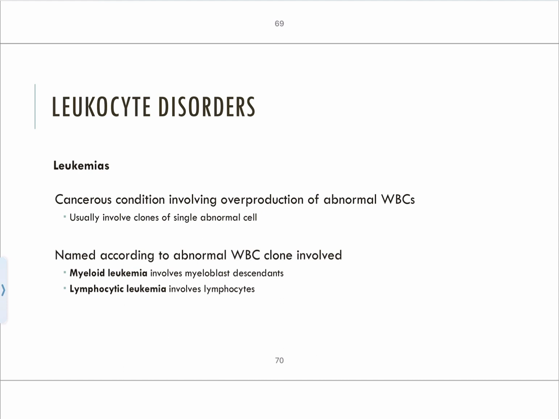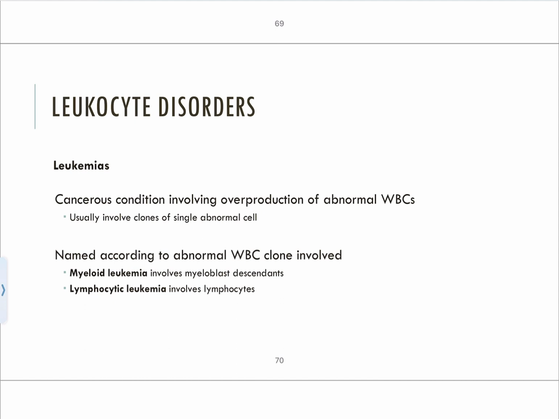So basically you have one abnormal cell that replicates and proliferates out of control, and it's going to end up impairing the normal red bone marrow function, and it can progress pretty quickly. They name it according to the abnormal white blood cell clone that was involved. So the myeloid leukemia is going to involve myeloblast descendants, and our lymphocytic leukemia involves our lymphocytes.